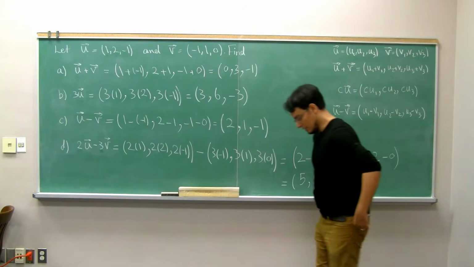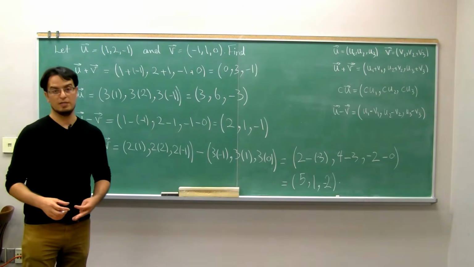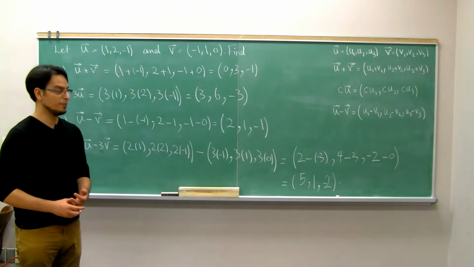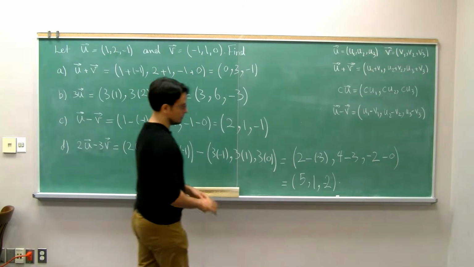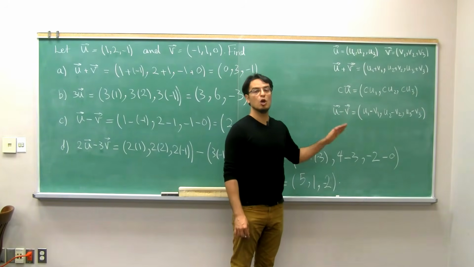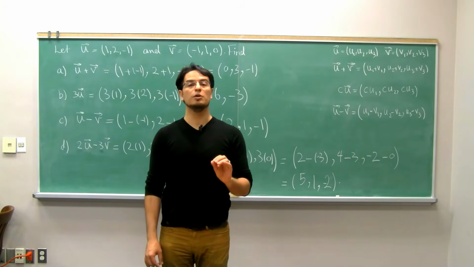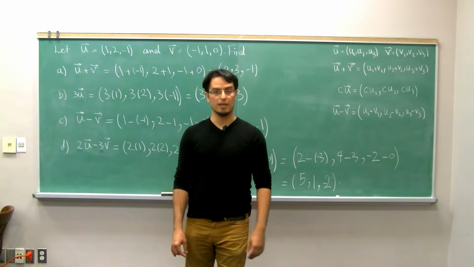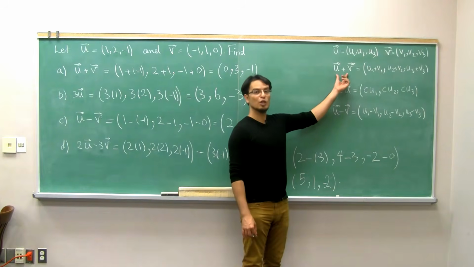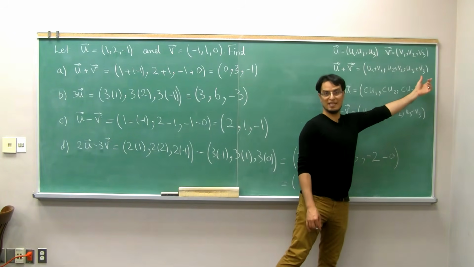Okay, so this was an example and a very quick review of basic operations on vectors in R3. And I just want to wrap up with another point about these operations. All these three operations are done component-wise, meaning that if you're adding, you add the corresponding components and put them at the same spot.